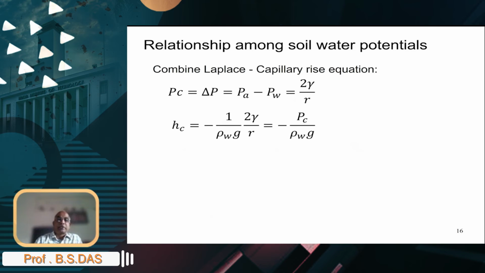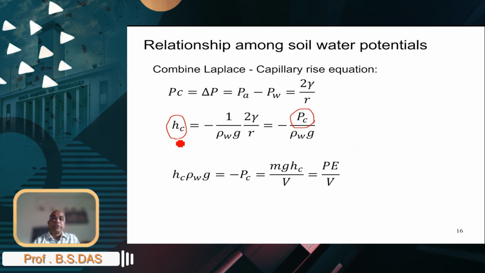Similarly, capillary rise, as I mentioned earlier, can also be linked to the capillary pressure. So this up here is the potential energy per unit volume, a capillary pressure, right? This up here, a potential energy per unit weight. Of course, you could now probably combine them.